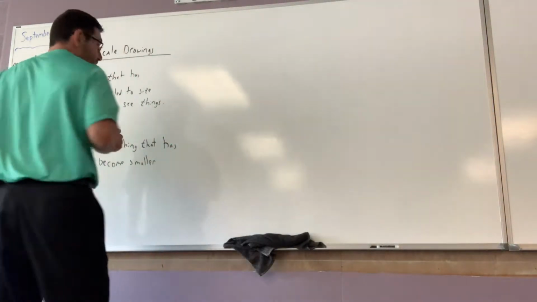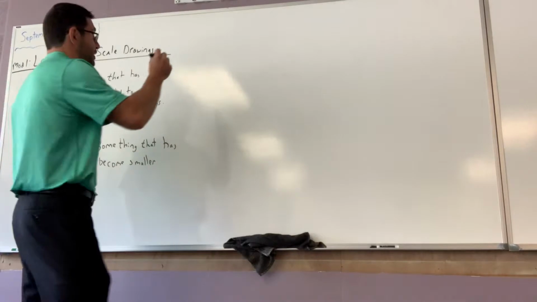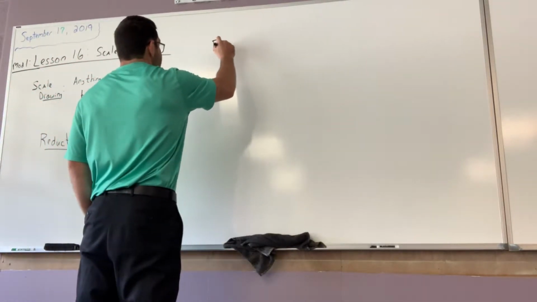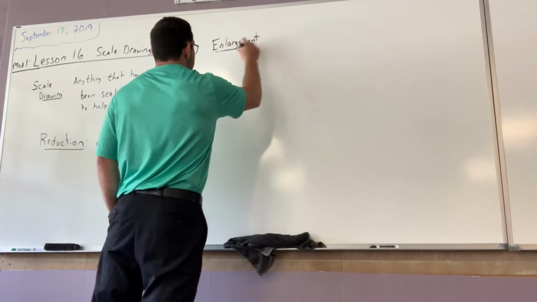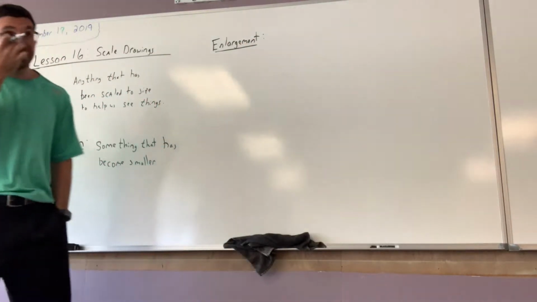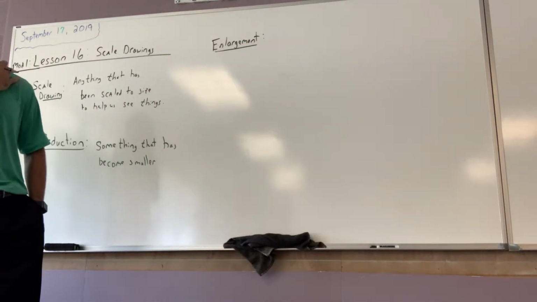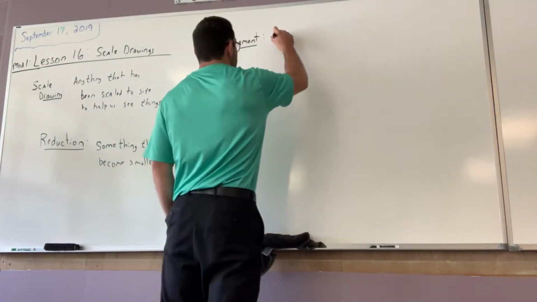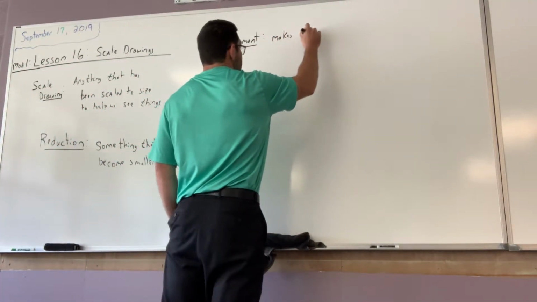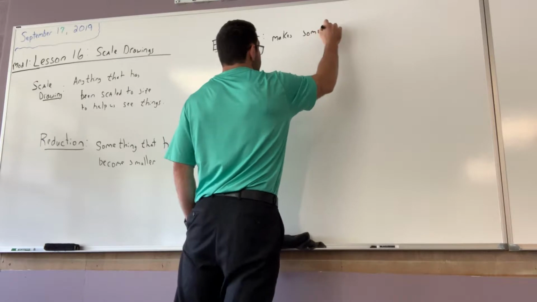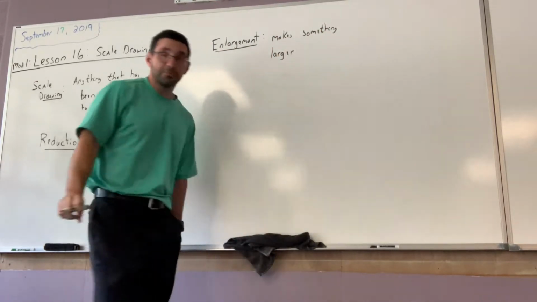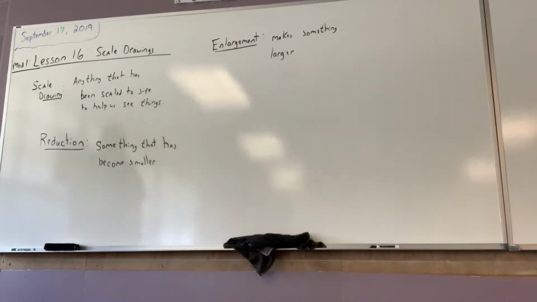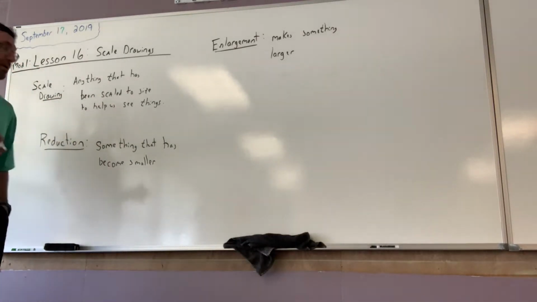That was a reduction. The other way that we could have it, more thinking about science now, is what's called an enlargement. And an enlargement is exactly what it's doing. It's making it larger. So we have the scale drawing, which is scaling something to a size in order for us to see it better.